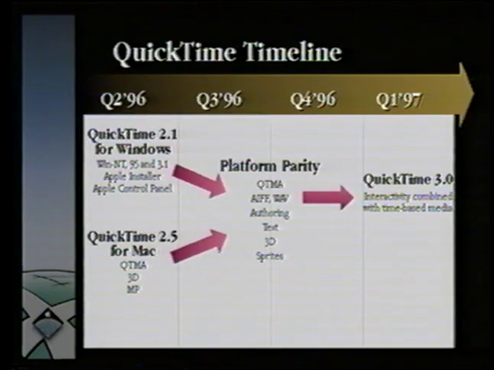Basically, we plan to have this stuff out by the end of this year. That's what we're shooting for. So everything you need to present your titles and author movies, and we're going to have some demonstrations of that coming up here soon, you can create movies on Windows and distribute them on Macintosh.